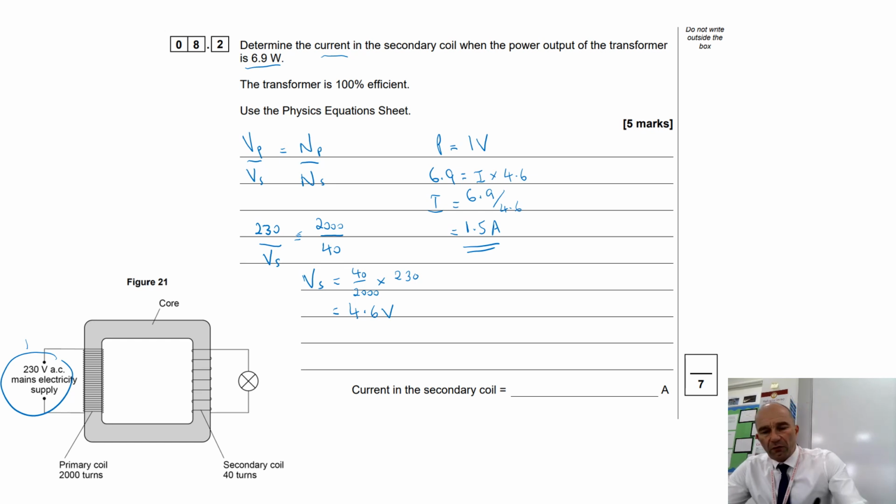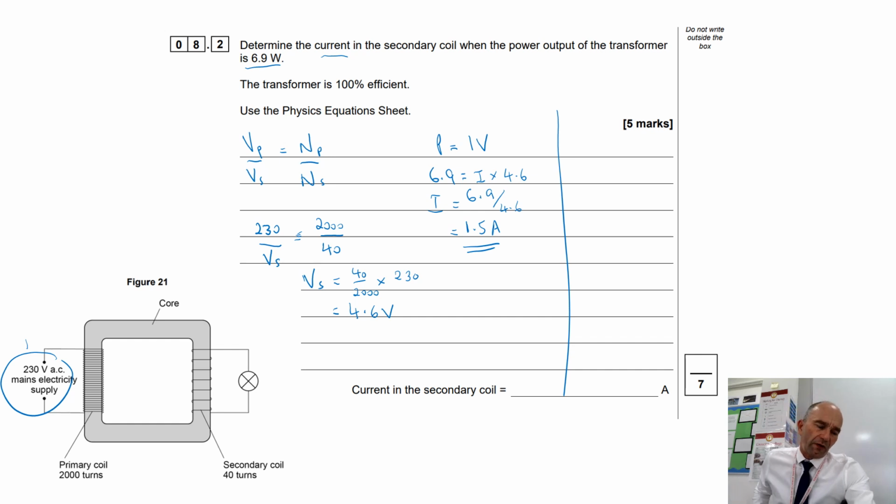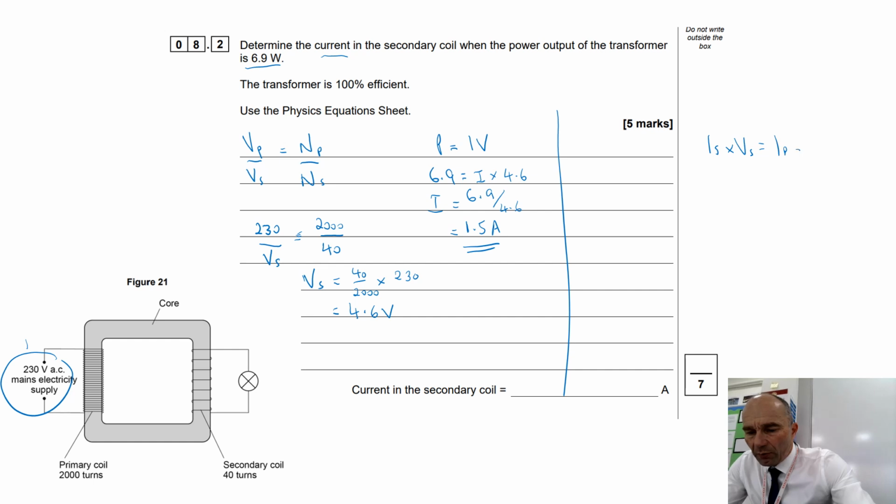Now there's an alternative way to do this, and this is where we're using the other physics formula, IS multiplied by VS equals IP multiplied by VP. Now you might be thinking, well, we haven't got the current or the potential difference in our secondary setup. However, we've got the power output, which is 6.9 watts.